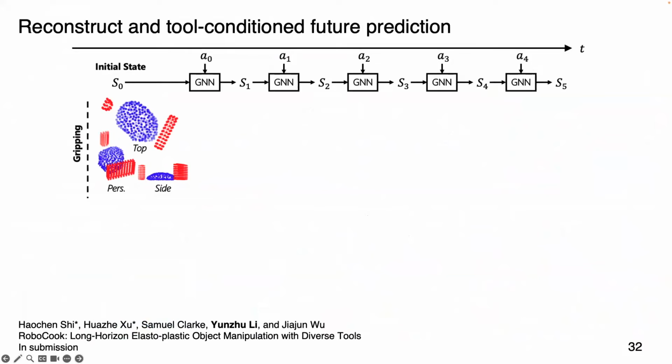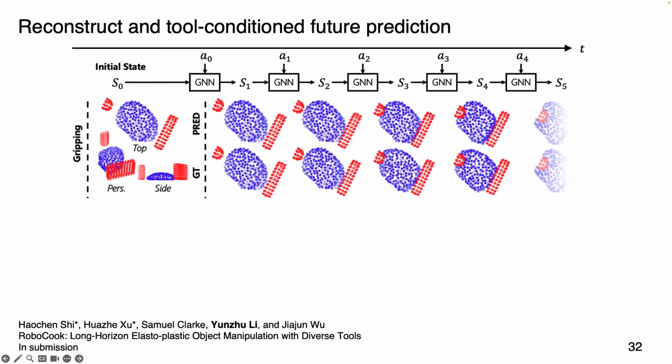And it represents the current state using the point clouds of both the dough and the tool, which allows for a more accurate modeling of the geometry and their interactions. Here we present a comparison between the ground truth and the long horizon future prediction results obtained using our learned dynamics.